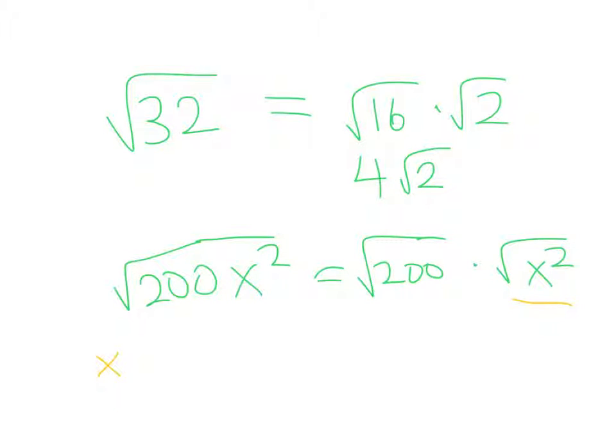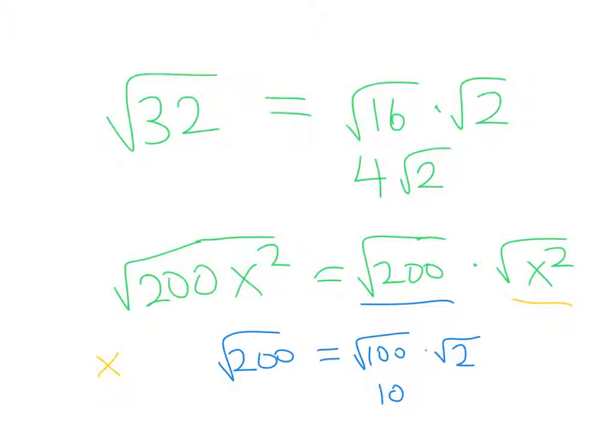So now I just have to figure out this part here. Radical 200 is going to change into radical 100 times radical 2. Radical 100 is just going to be 10, because the square root of 100 is 10. Radical 2 is left over. And then I've got to remember to put that x there.